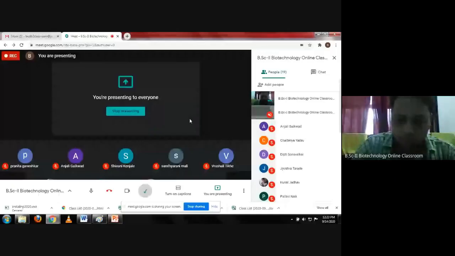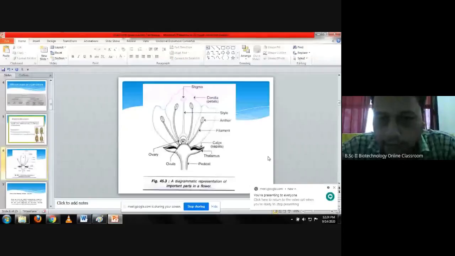Now you can see how well protected this ovule is. It is protected first with calyx, then corolla, then the stigma.